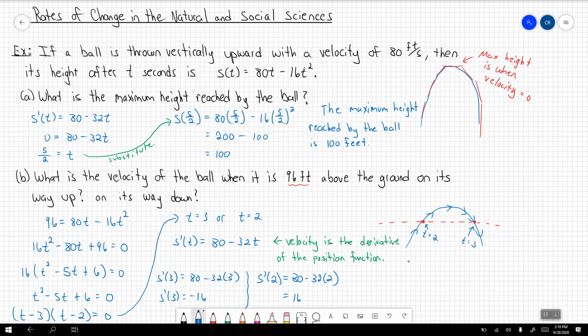So I'm going to say that the ball has a velocity of 16 feet per second on its way up, and negative 16 feet per second on its way down.